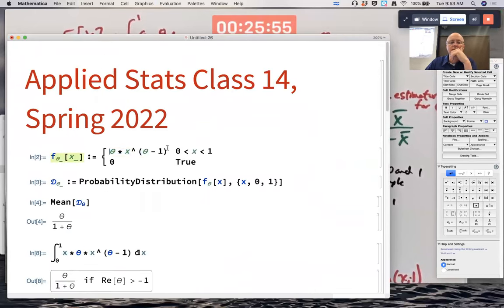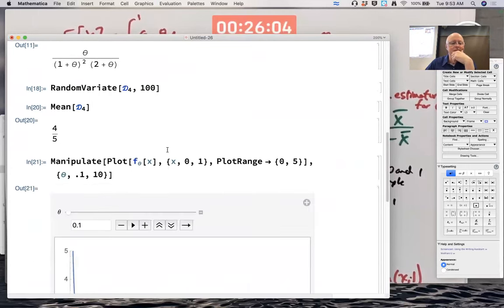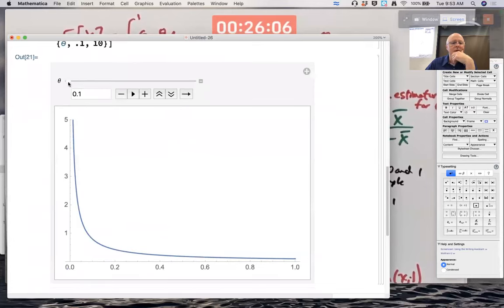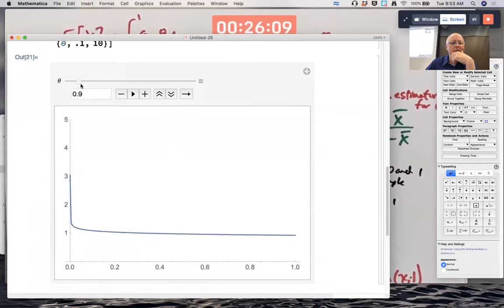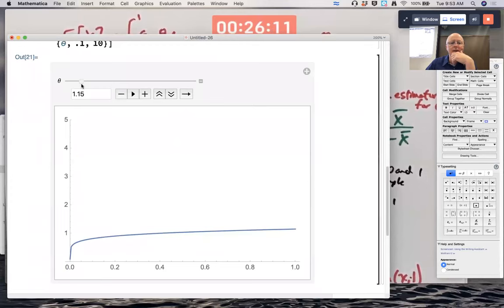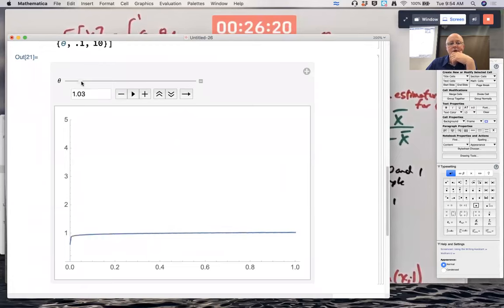If theta is 0.1, this is 0.1 times x to the negative 0.9, 1 over x to the positive 0.9. There's going to be a vertical asymptote at 0. When theta gets up to 1, then there's no vertical asymptote anymore. But if theta is just barely bigger than 1, you got a vertical tangent at the origin, like a square root function. It's only when theta is bigger than 2 that it looks a little bit more normal. Like that.